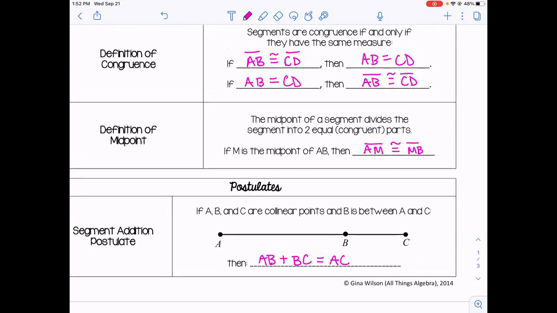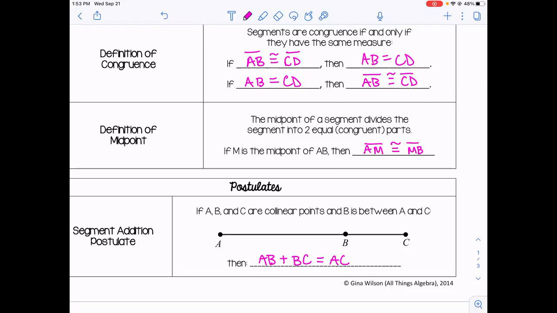So let's talk about that since Tyler brought it up. If in my proof I need to use the segment addition postulate, and I know something about congruent segments, then I'm going to have to use the definition of congruent to take my congruent statement to an equal statement. And then maybe I need to use the segment addition postulate.